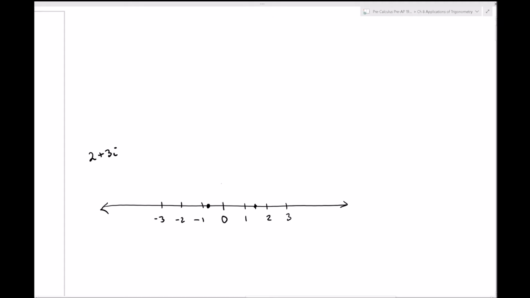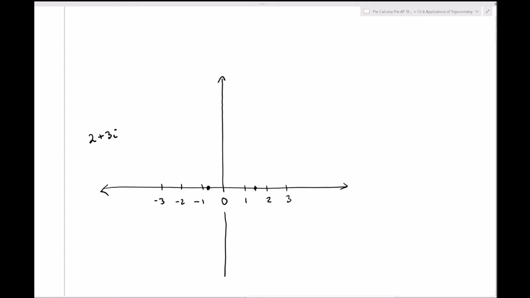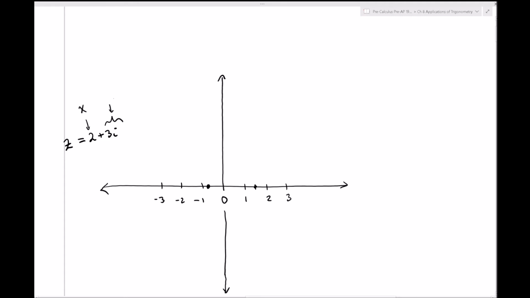So I have 0 here. Let me make a y-axis out this way. Instead of calling that x, I'm going to call that z, and there's a reason for it. 2 is the real part. Real numbers we're going to take to be an x value. 3i altogether is an imaginary number, and we're going to take imaginary numbers to be drawn on the second axis.